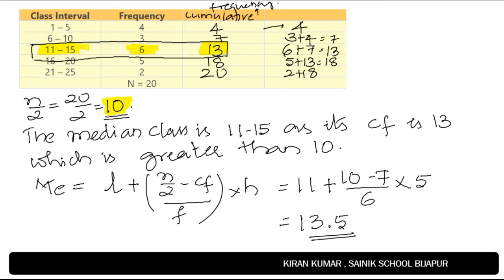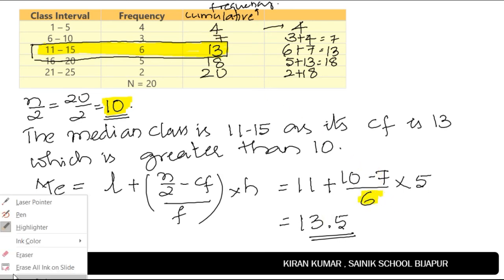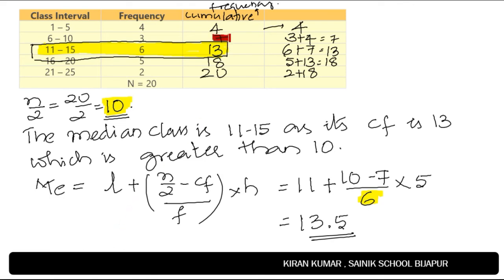The class has frequency 6, so 6 is used here, and we have this number, which is the cumulative frequency of the class preceding the median class. This is how we find the median of given data.